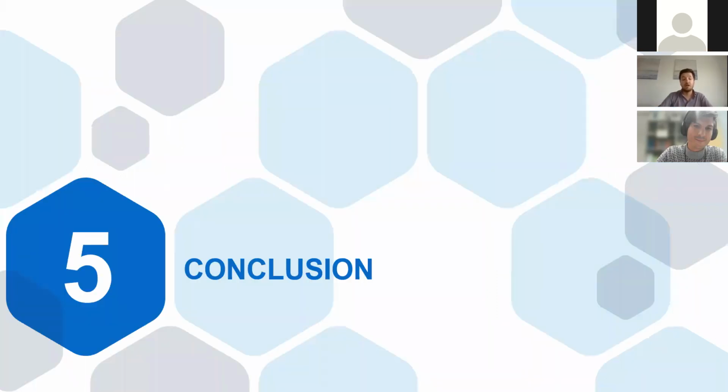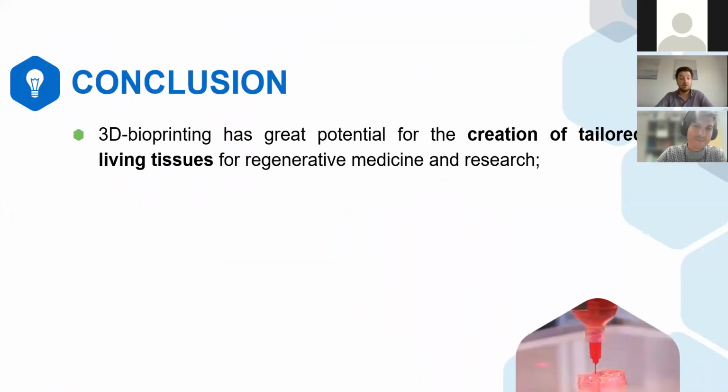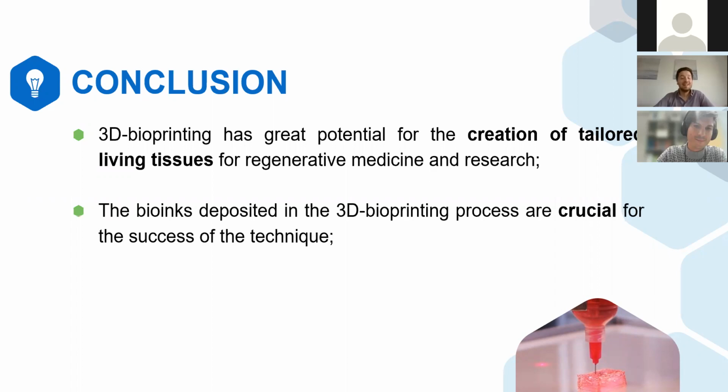And so in conclusion, 3D bioprinting has very good potential for the creation of living tissues for fields like regenerative medicine and research. Of course, we all aim to see the day when we will be able to build an organ from scratch. It's still not today, but we hope it will happen.